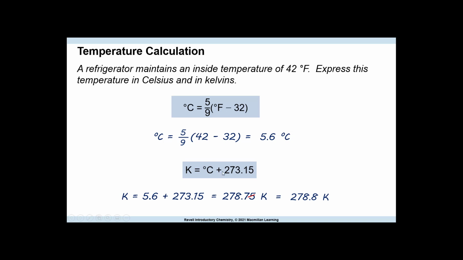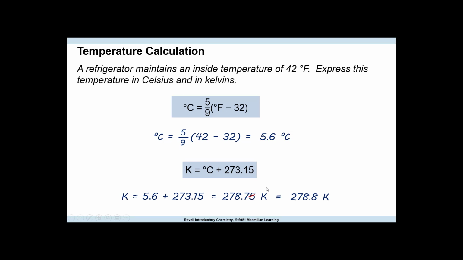Now we need to add 273.15 to get Kelvin. Subtraction and addition rules now apply. Line up the decimals, which is not shown here. The number with the fewest digits next to the decimal point is 5.6, in the tenths place. That means we don't need the hundredths place.